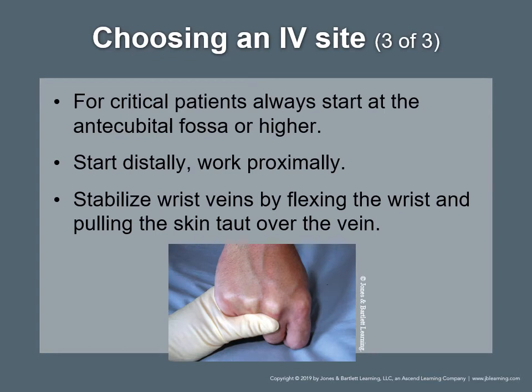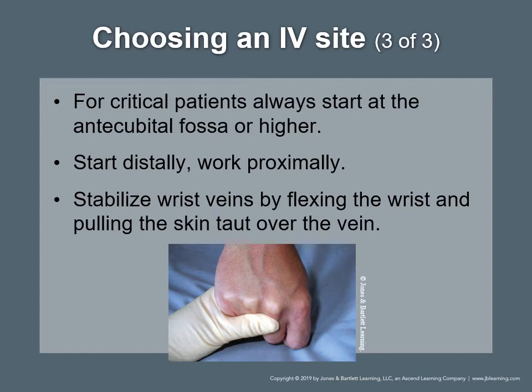Pay careful attention to areas of the vein that have track marks, because this is usually a sign of sclerosis caused by frequent puncture or cannulation. If IV therapy is being given for a life-threatening illness or injury, choice is often limited to the areas that remain open during hypoperfusion. For patients who are in critical condition, always start at the antecubital fossa or higher, so at the AC or higher if they're critical.